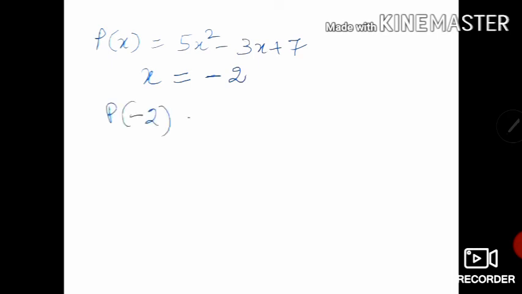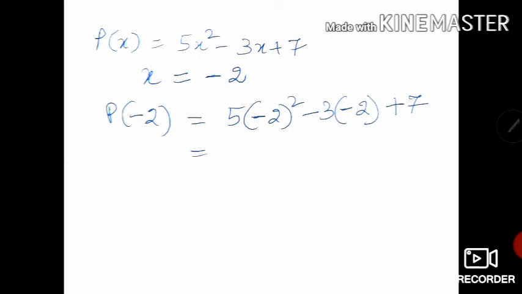So for the same polynomial p of x equal to 5x square minus 3x plus 7, let's find its value at x equal to minus 2. So p of minus 2 is equal to 5 times minus 2 square minus 3 times minus 2 plus 7. Now calculate this expression.